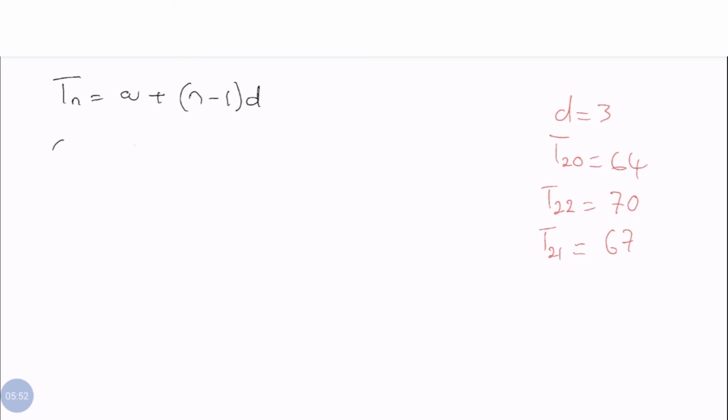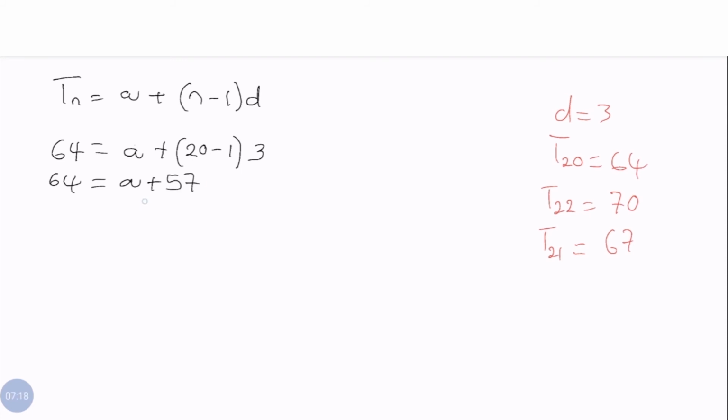So here we will have 64 equal to A, which is the unknown, plus n minus 1, which is 20 minus 1, which gives us 19, multiplied by d, which is 3. Then here we have 64 equal to A plus 19 multiplied by 3, that is 57.